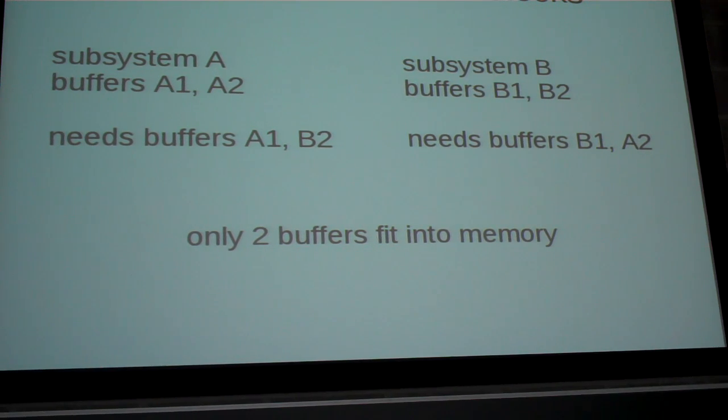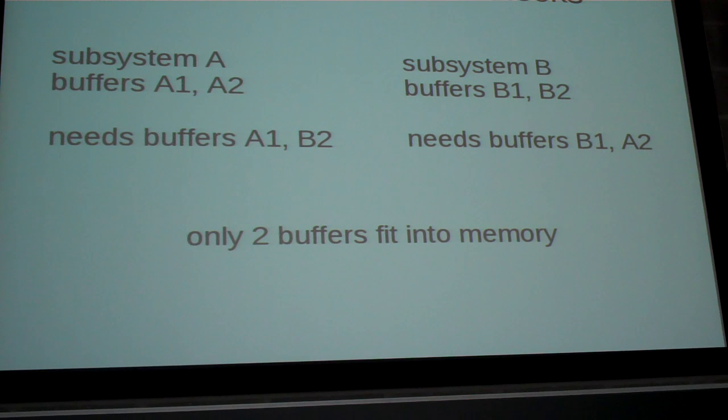That still fits. I mean, we can put two buffers into memory. And then they try to put in the other one that they need. So subsystem A wants to map the buffer B2 into its address space. It asks subsystem B, can you please do it? Subsystem B notices, well, there's not enough space for that. I need to kick out something. And it decides to kick out B1.